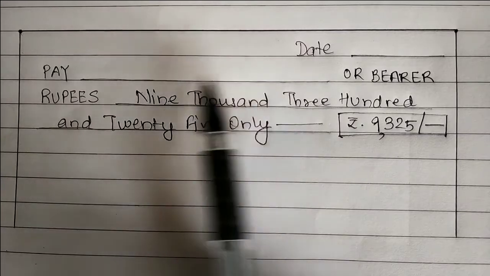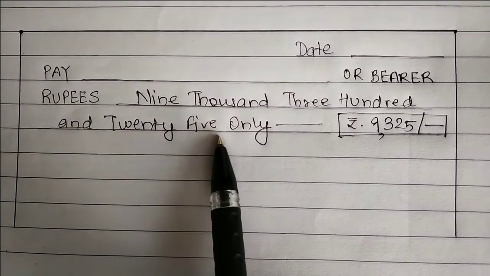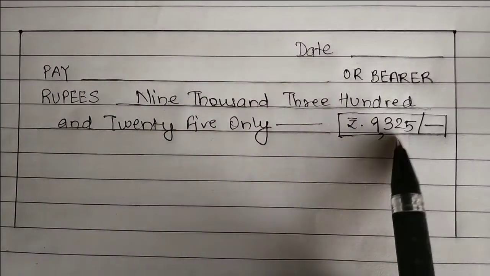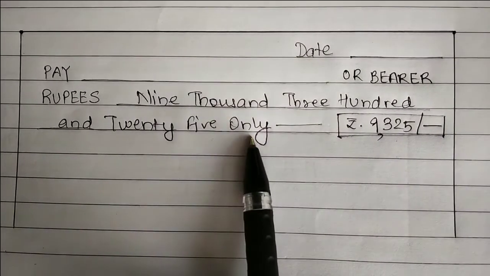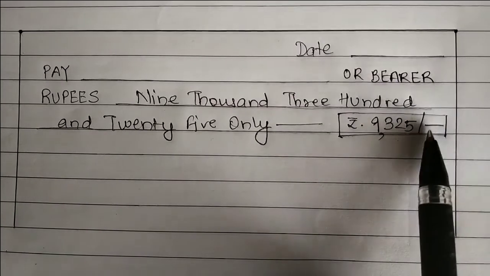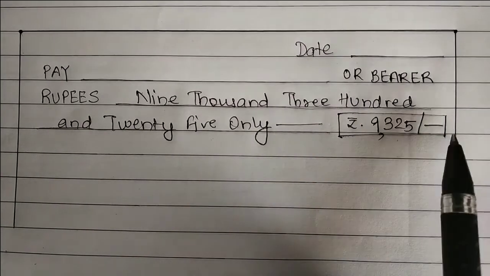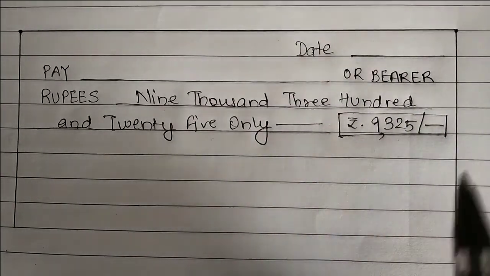Now you cannot actually change how rupees is written in words, but figures can be manipulated. So it is always good to write the word "only" at the end and this sign at the end, so that no one adds anything in front of it.